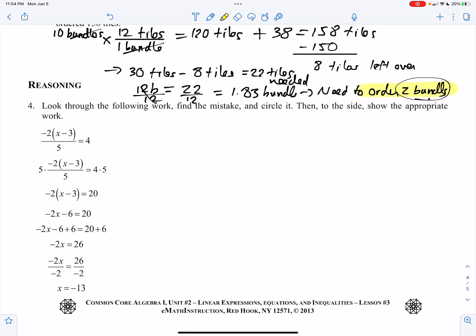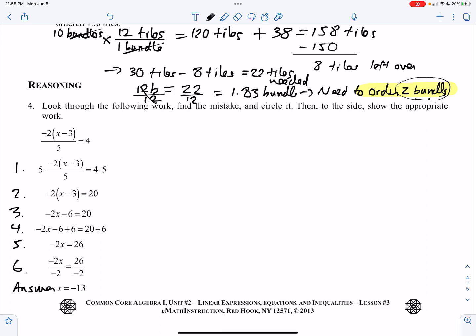Okay, kind of a tough question, but now for the reasoning part 4, you're going to look at each step that was done. Here's the original question, the first step, second step, third step, fourth step, fifth step, sixth step, and then the answer.